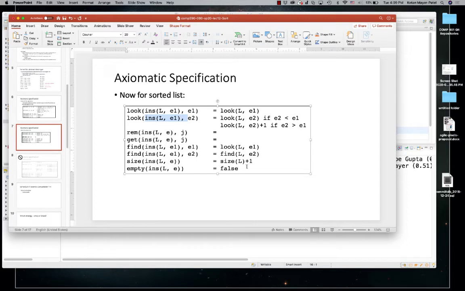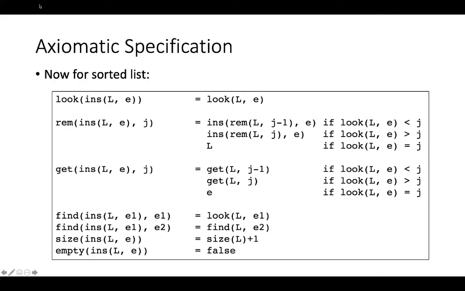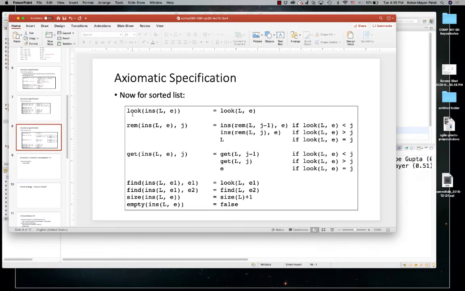So in this way, we can start to build up what we know is true about a sorted list. I'm going to skip to the actual answer in some sense. This first part with lookup is not right because I needed a parameter.